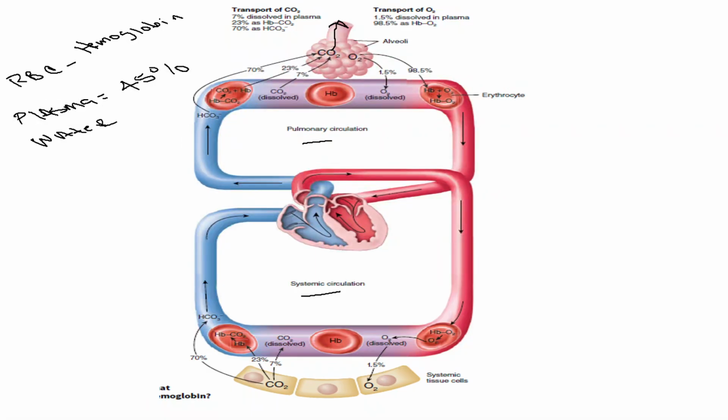We know that roughly 23% of CO2 comes back up here, but 70% of it is going to be cleared a different way, and that's through the buffer system. You have to have a buffer system.